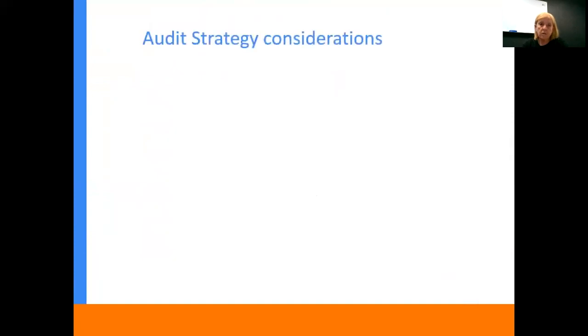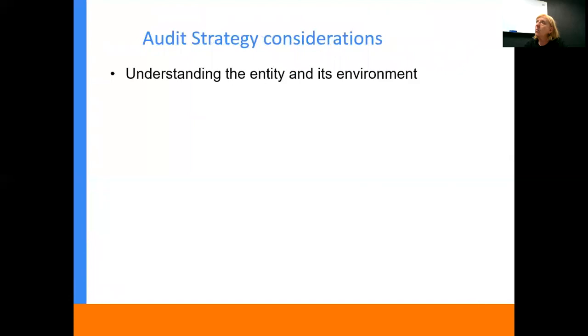So the considerations for the audit strategy. Remember that we need to, first of all, get an understanding of the entity and its environment. And you have to think, why do I have to get an understanding of the entity and its environment? We accepted this early on, that yes, you have to get to know the client, you have to get to know what industry they're in, and we want to do that because why? Why do we need to go through this step?